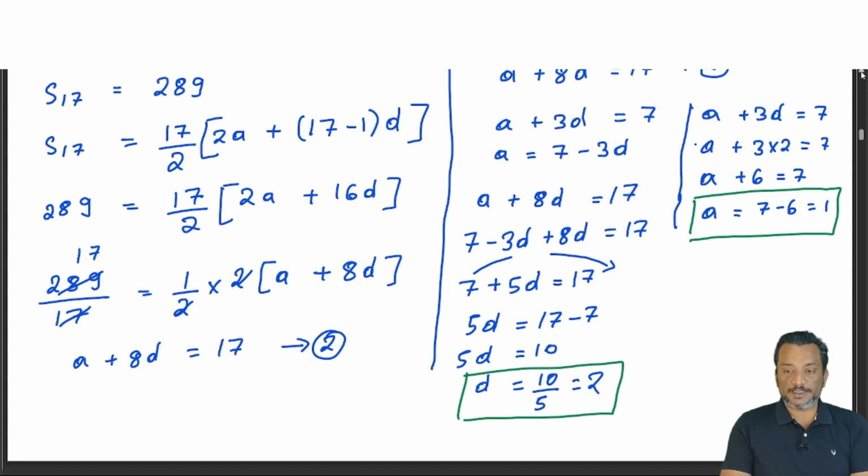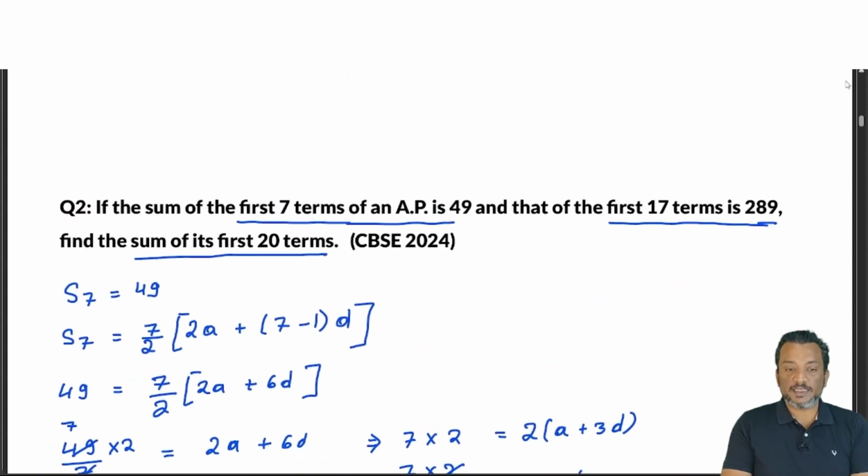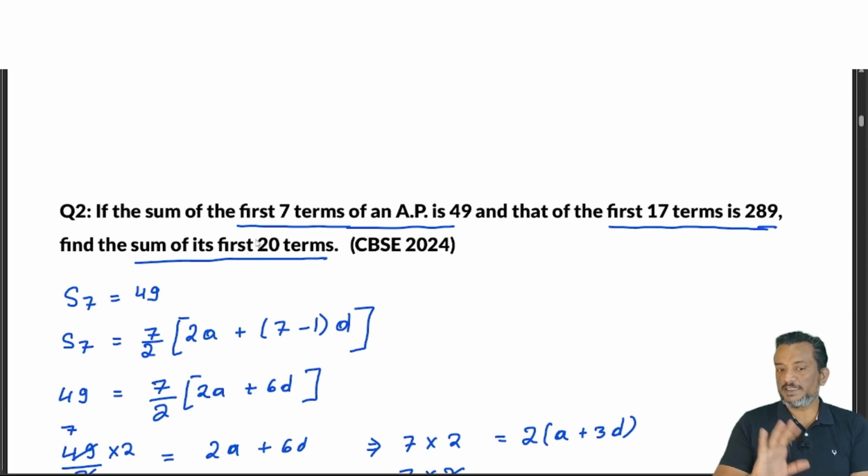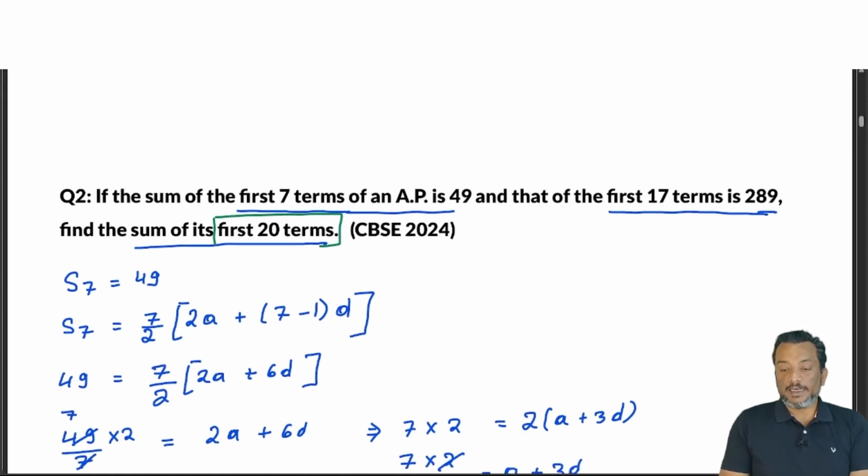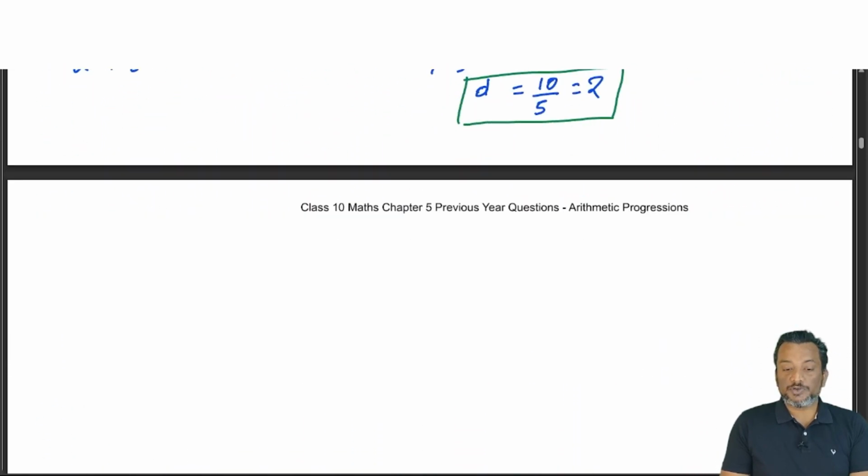Now the question is saying, hey, find the sum of the first 20 terms. It means you have got the first term as 1 and d as 2, and now you have to find the sum of the first 20 terms.